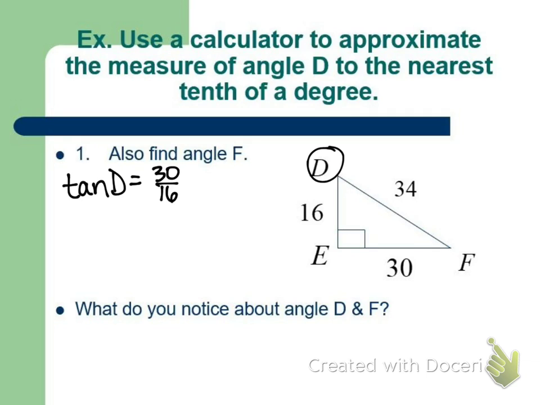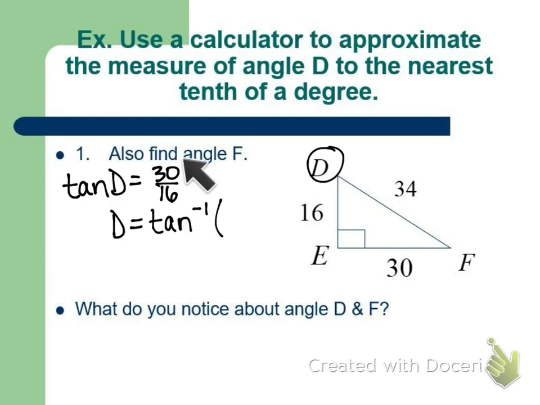All right, now that we picked a trig function to use, in order to get the angle measure, we have to use the inverse. Thank you. I'm glad one person has listened to me repeat myself a million times. To get the angle alone, we use the inverse function.